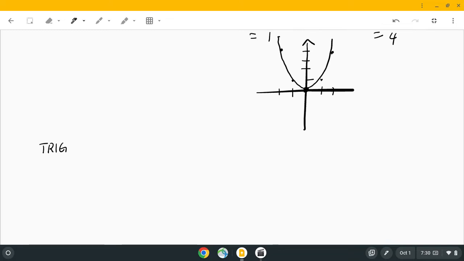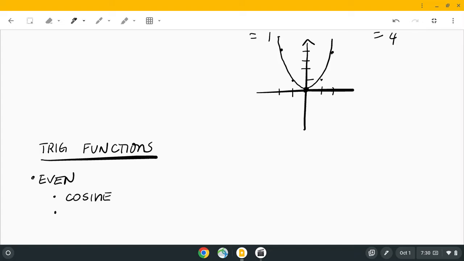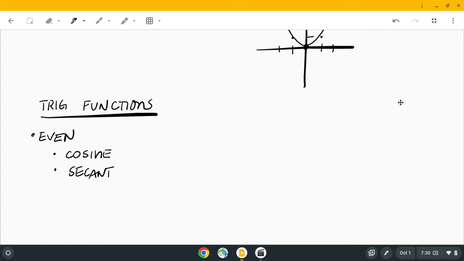Let me write this down. Trig functions: the ones that are even are going to be the cosine function and the secant, which is the reciprocal.